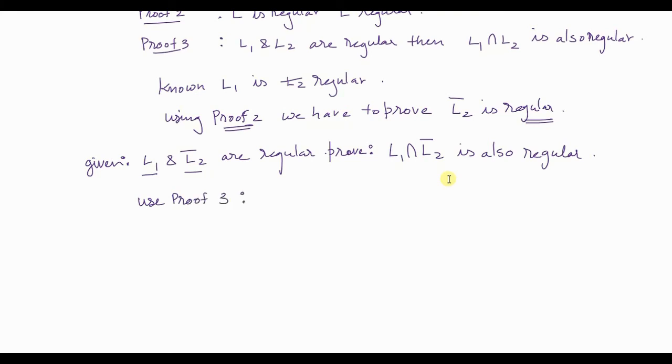In the statement we say given L1 and L2 bar are regular, we have to prove that L1 intersection L2 bar is also regular, and this easily can be proved using proof number 3.